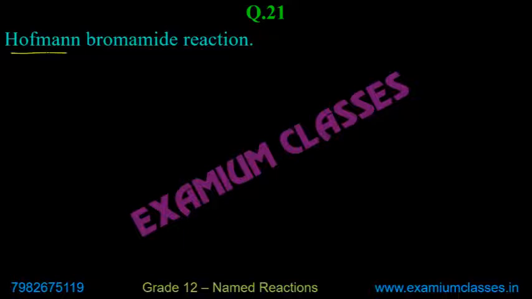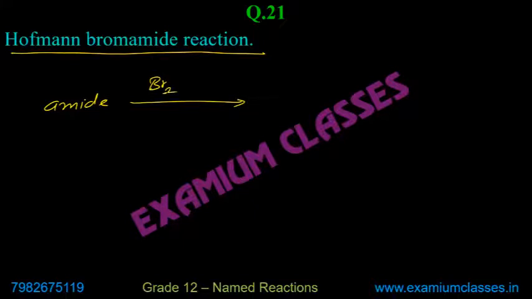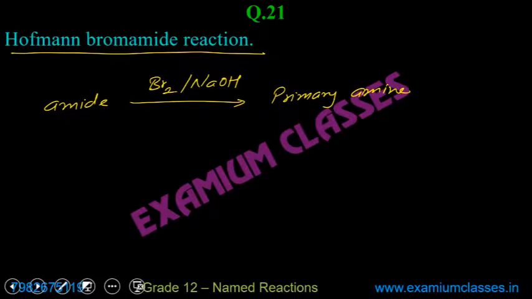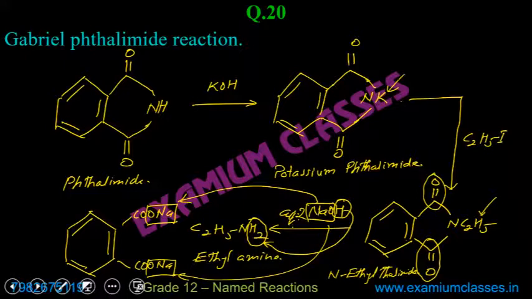So first, what is the Hofmann bromamide reaction? You need to write that if you have an amide, you get it reacted with bromine and NaOH, you get primary amine. A very important conversion method that you will sometimes use to convert amide to amine. And it is applicable for both aliphatic as well as aromatic, if we compare it with the Gabriel phthalimide reaction.